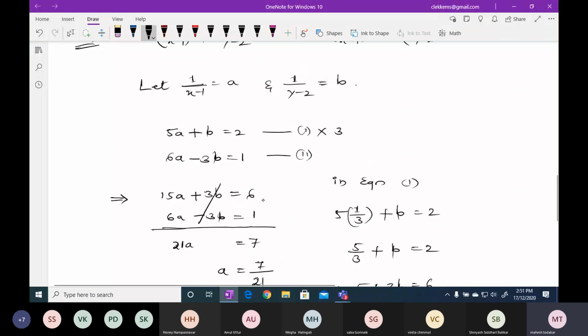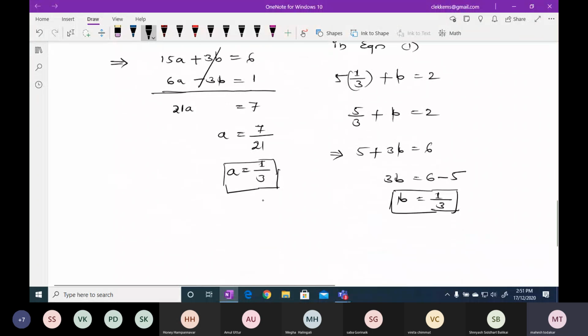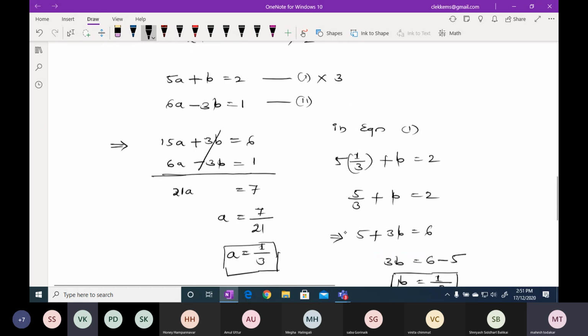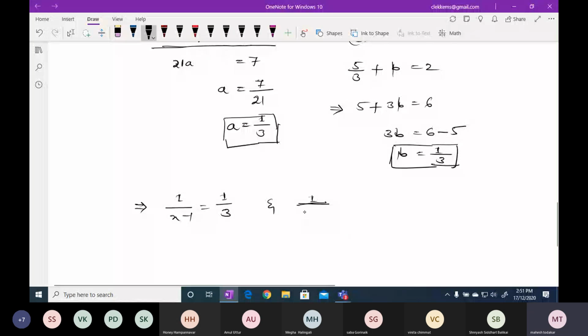Okay, we considered 1 divided by x minus 1, which means a, which is 1 by 3, and one more, 1 by y minus 2. Yes, 1 by y minus 2 is equal to, again, 1 by 3.